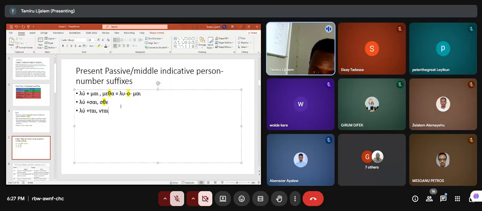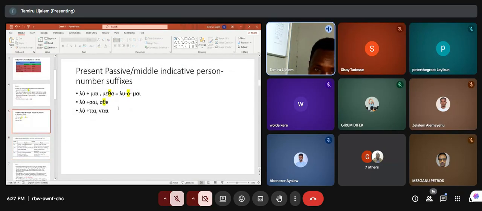ሁለት አይነት ኮኔክቲንግ ቫውሎች አሉን። Either the connecting vowel can be epsilon or omicron. We have two connecting vowels.